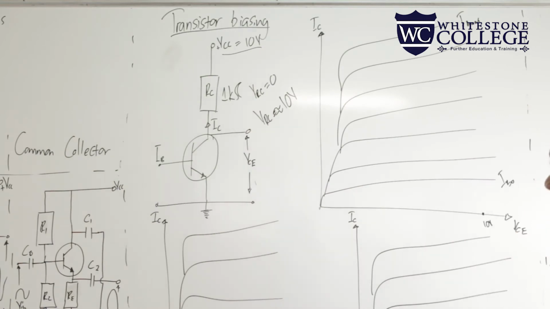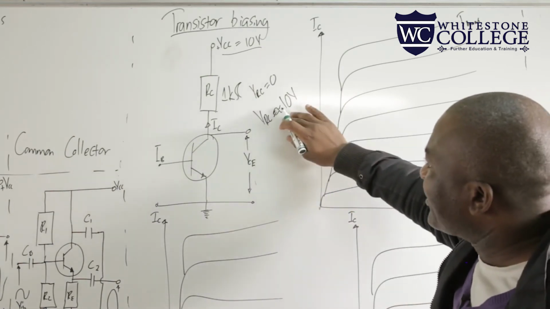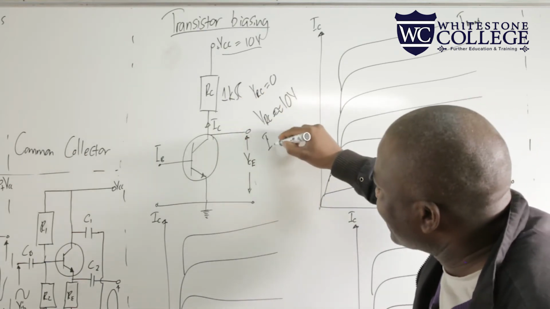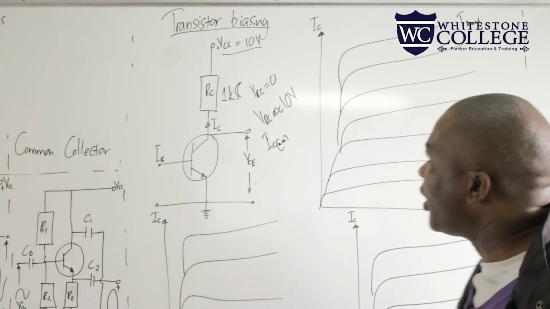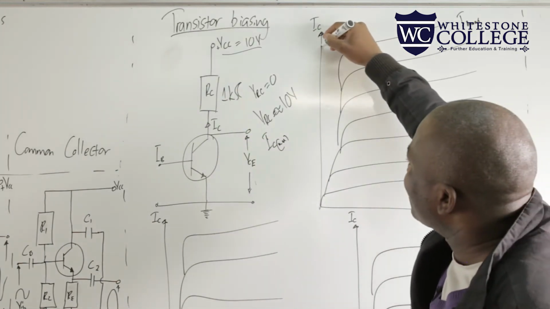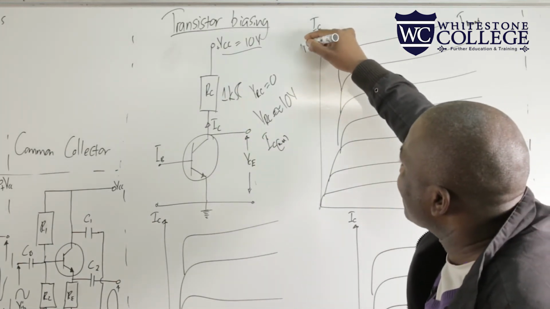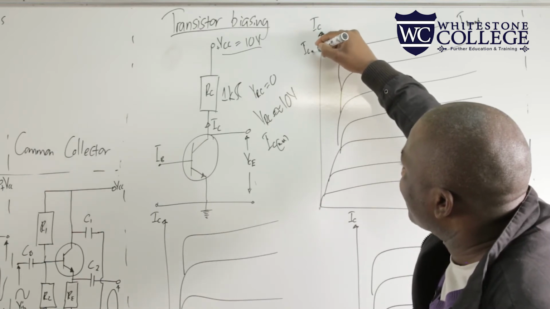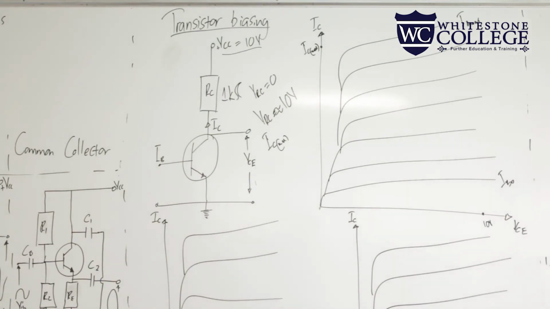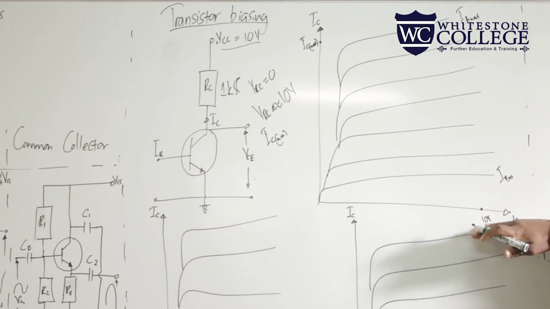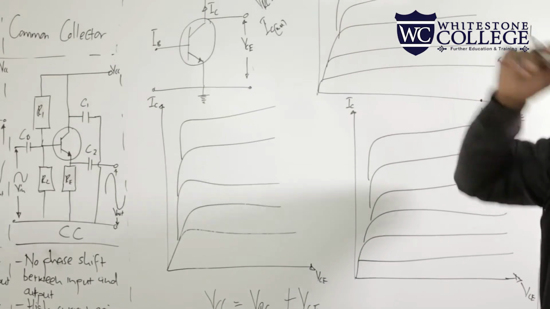So we are saying our IC max will be flowing through our load. In the saturation region, our IC will be maximum. Are we together? So now we have 2 points, one along VCE and another along IC.